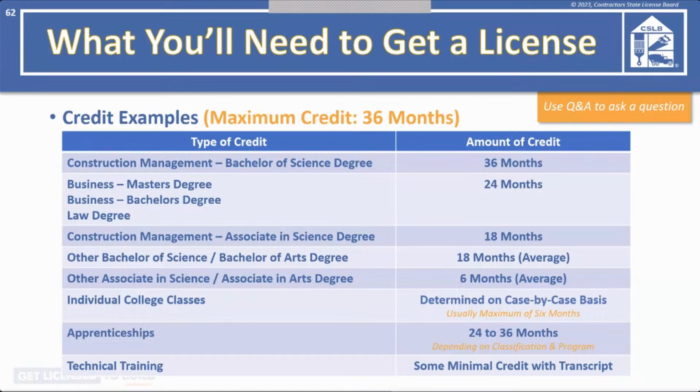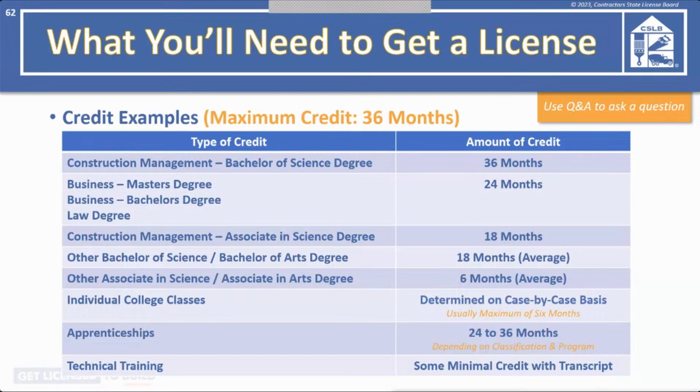On something like that, I would send in more specific information to the licensing email. Once again, licensing at cslb.ca.gov. Spell out exactly what you are attempting to do, and they can give you further clarification whether that's possible or not.